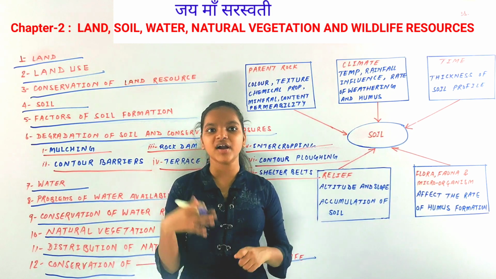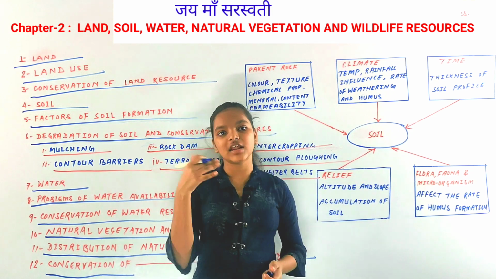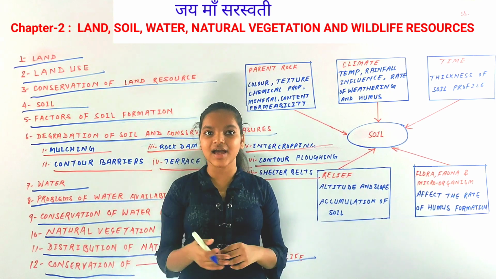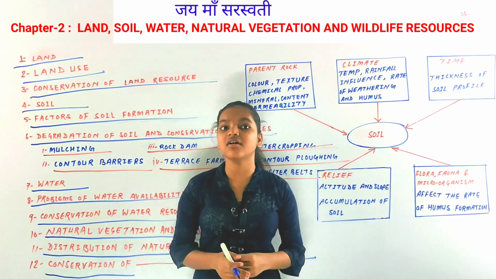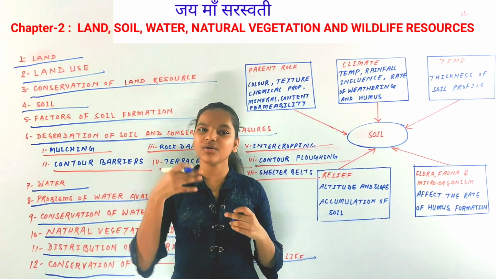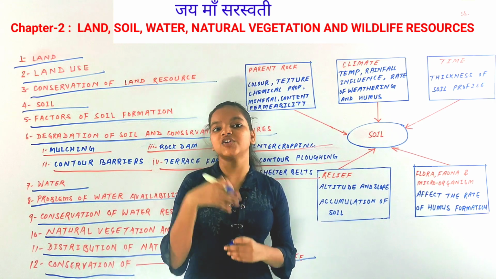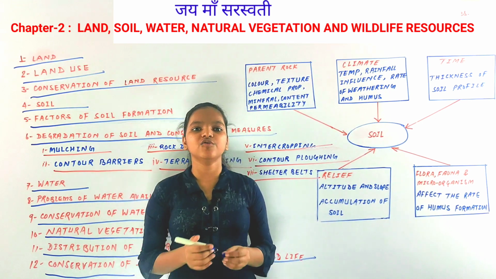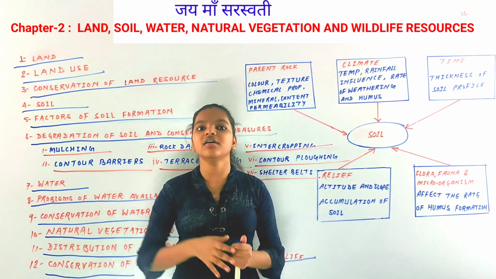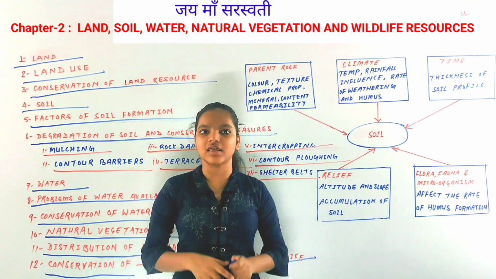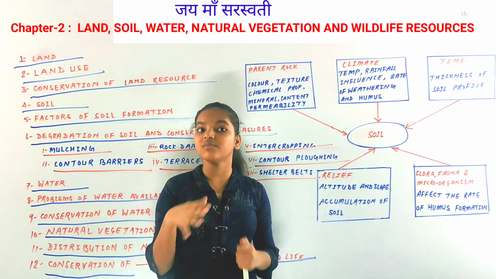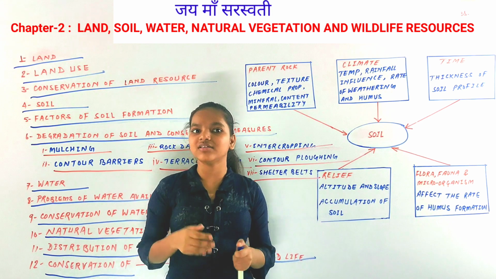Now both human factors and natural factors like deforestation, overgrazing, overuse of chemical pesticides, tsunami, landslides, constructional activities, forest fires, these are some of the factors that affect our natural vegetation and wildlife resources. Nowadays forest fires have become a crucial thing to learn about, because they are becoming more and more common in many regions of the world.